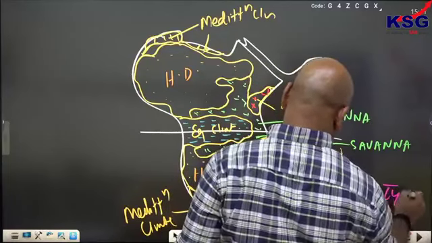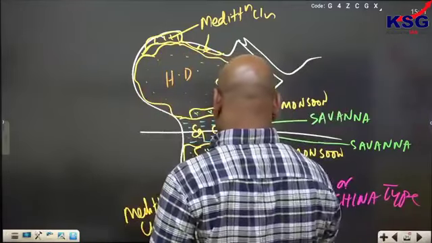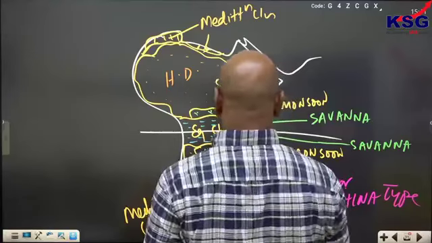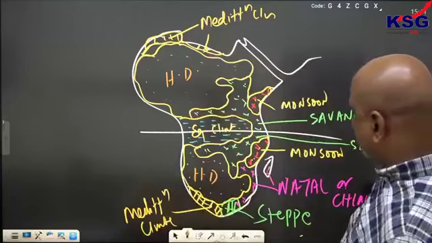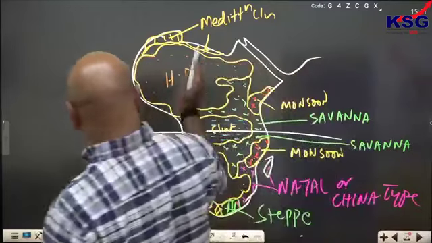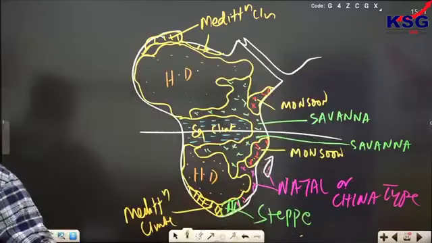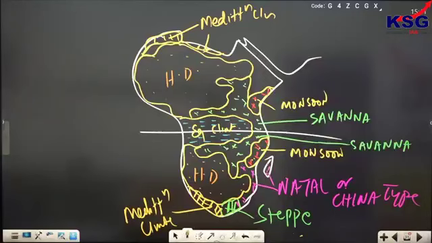This is missing in the north, and this region has another one. A region has steppe climate, which is missing. ये दोनों नहीं है. Steppe and Natal are absent in north, but rest all climatic types are there. So almost mirror image of climate you will find in Africa. Africa has almost a mirror image of climate.